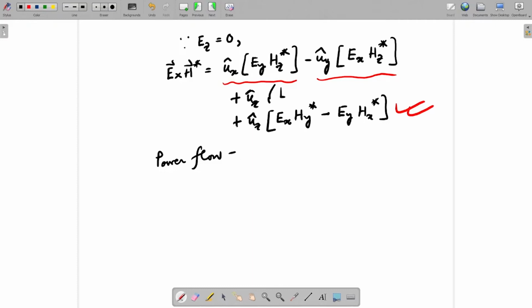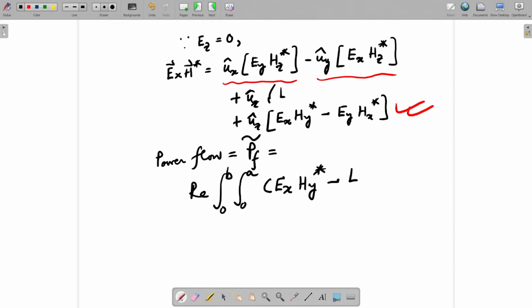So, the time average power flow is real part of integral 0 to b, integral 0 to a, E x H y star minus E y H x star dx dy.